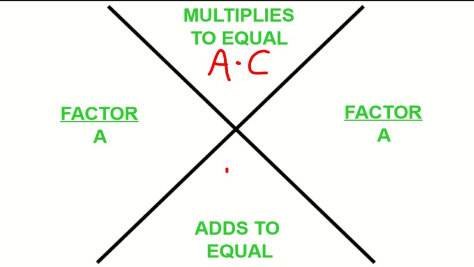On the bottom, we're looking for what adds to equal the B value. So we're looking for two numbers that are multiplying to equal A times C and add to equal B. So pretty similar to what we were doing yesterday.